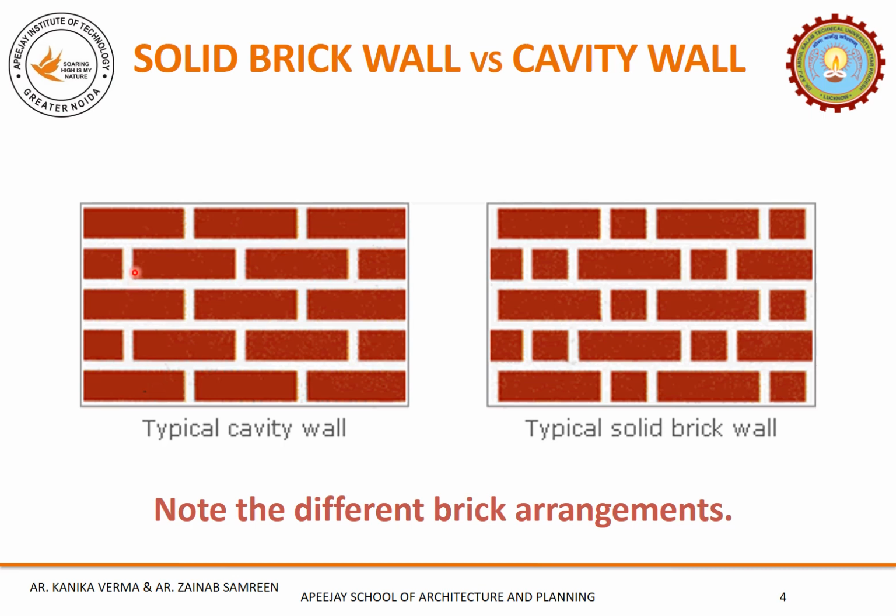So here you can see that the stretcher bond is followed. You can see stretchers, stretchers, stretchers, and the same goes on for the other courses as well. So when you see the elevation of the solid wall and the typical cavity wall, you can easily identify which is a solid wall and which is a typical cavity wall.